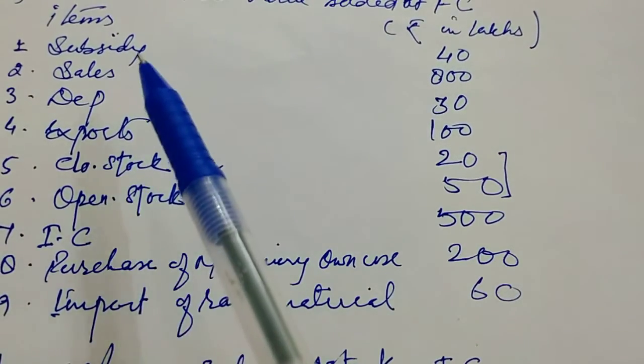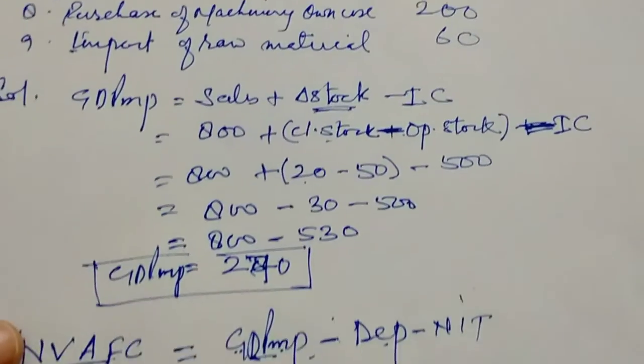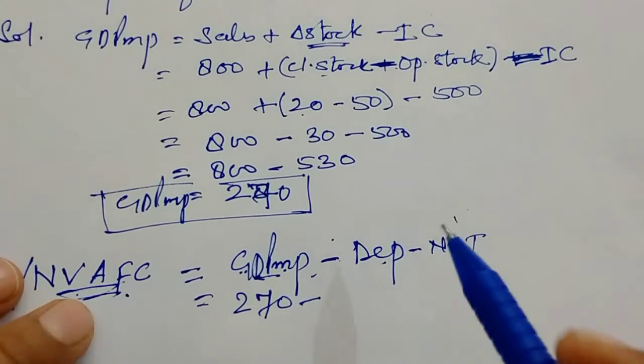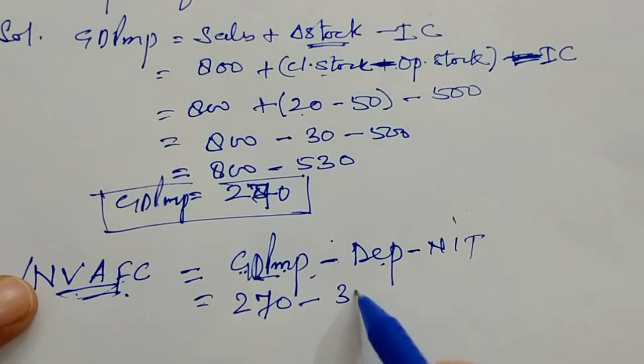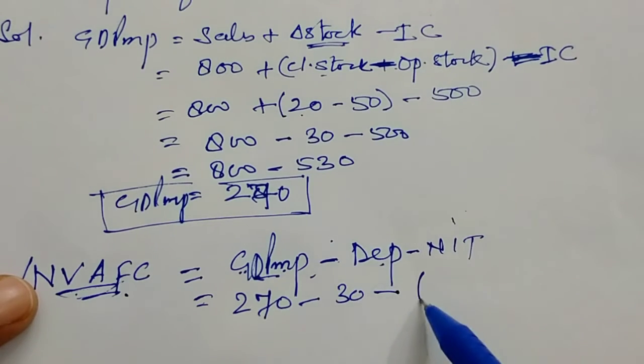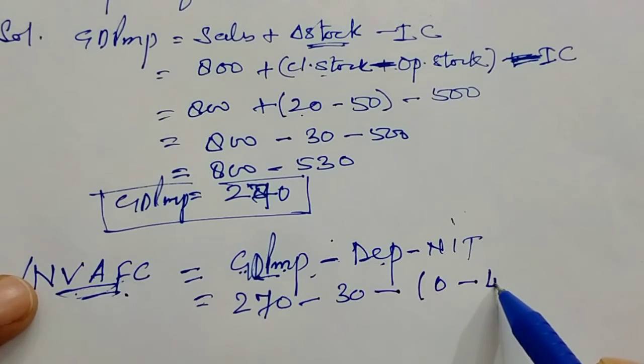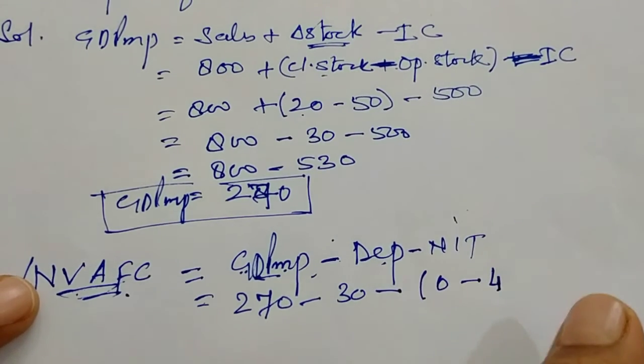IT is not given here, so IT is 0, minus subsidies.